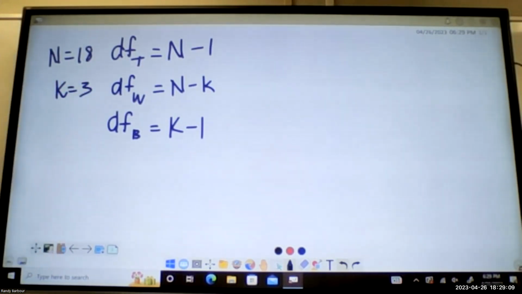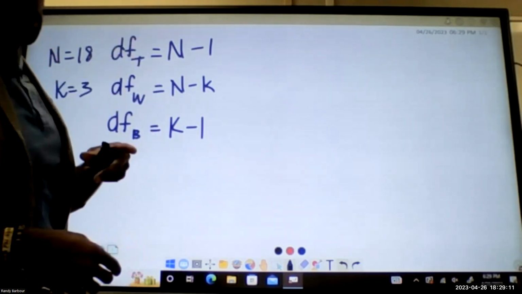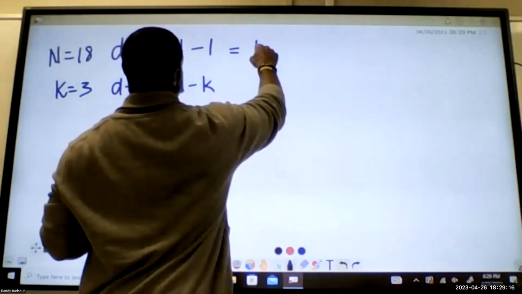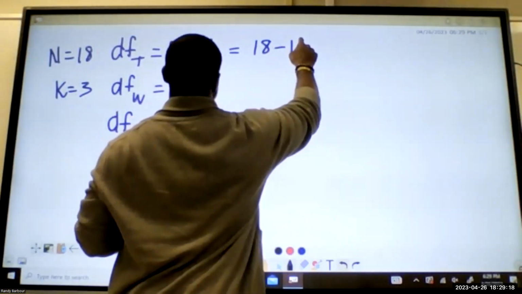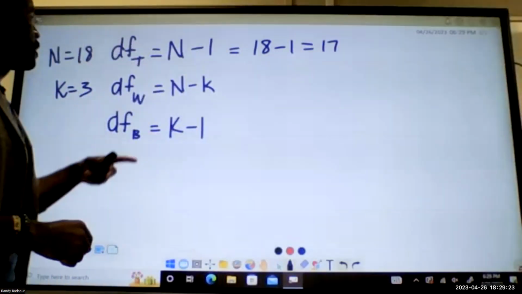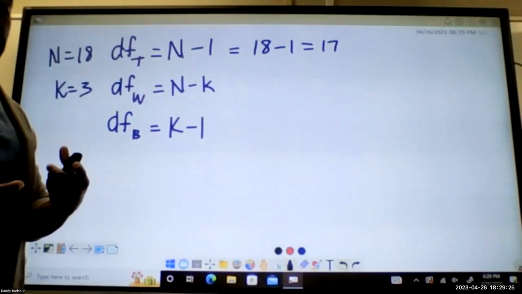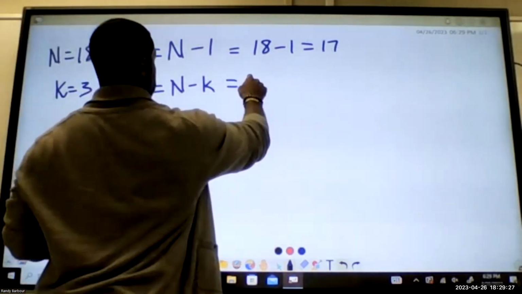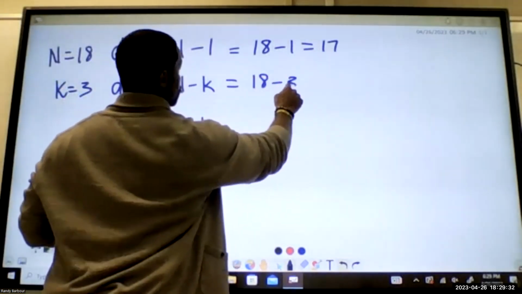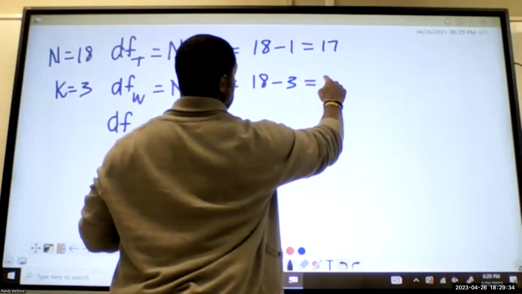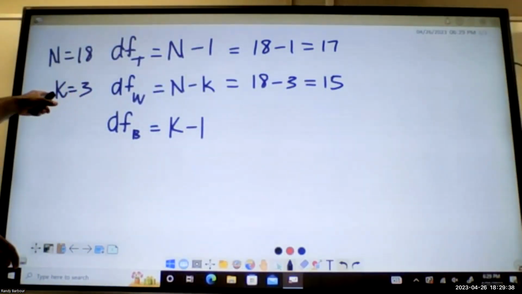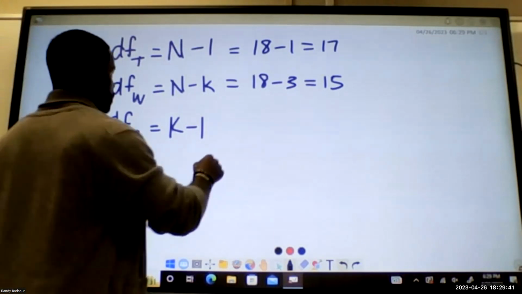Okay, so we have everything that we need, right? For the total degrees of freedom, that's going to give me 18 minus 1, which will give me 17. For degrees of freedom within the groups, I have 18 minus 3, which gives me 15. And lastly, I have k minus 1 for the degrees of freedom between.